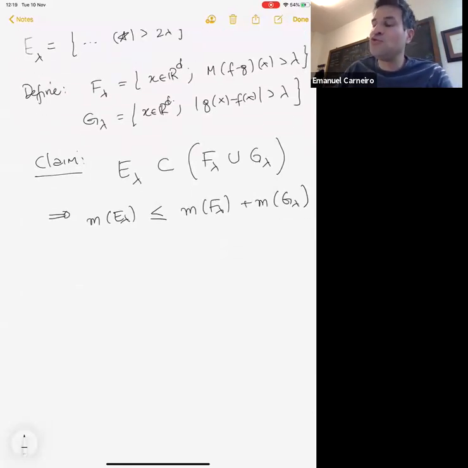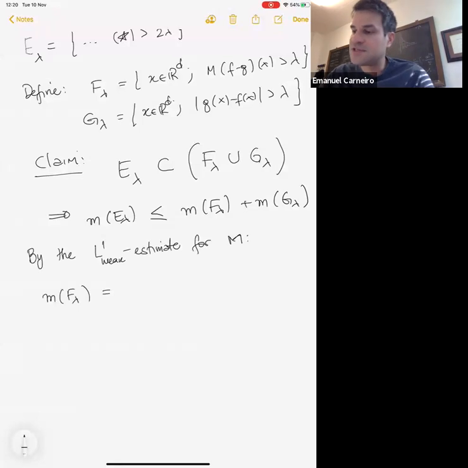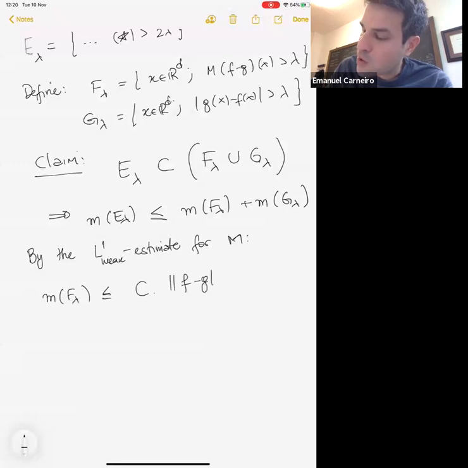Now, you use what you know for measuring these two sets. For the first one, by the L1 weak estimate for the Hardy-Littlewood maximal function that we proved in the first theorem today, you know that the measure of the set F lambda, which is the set where the maximal function is bigger than lambda, is less than or equal to a universal constant times the L1 norm of the function.